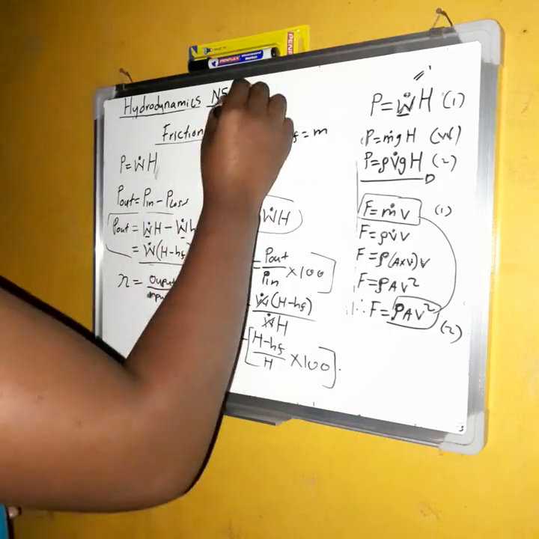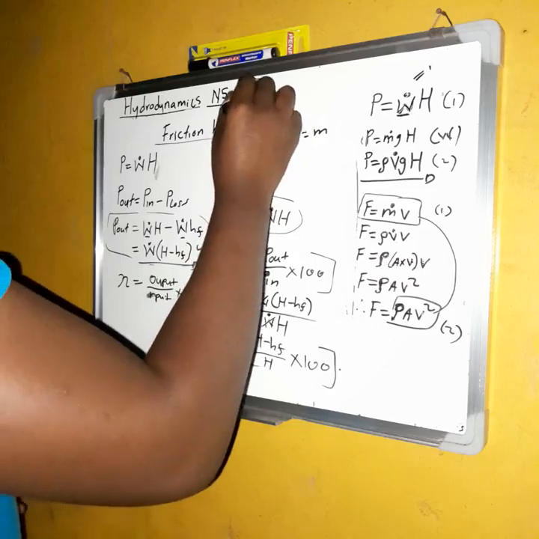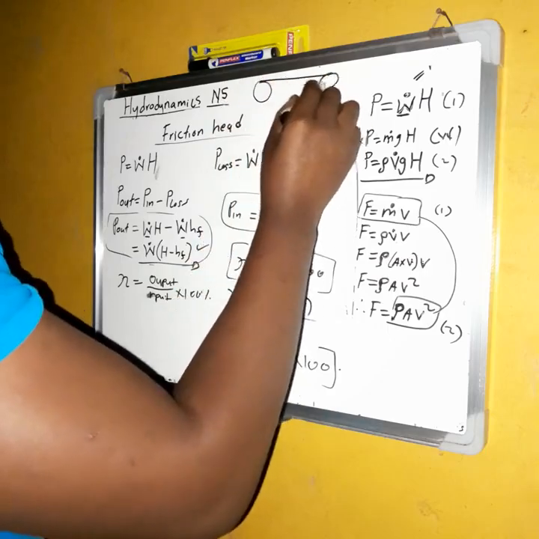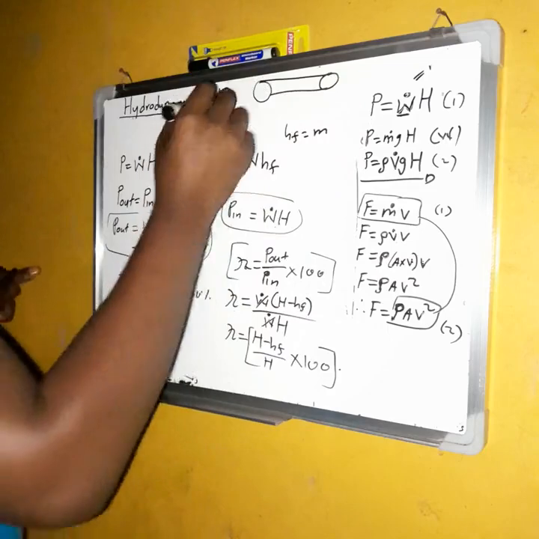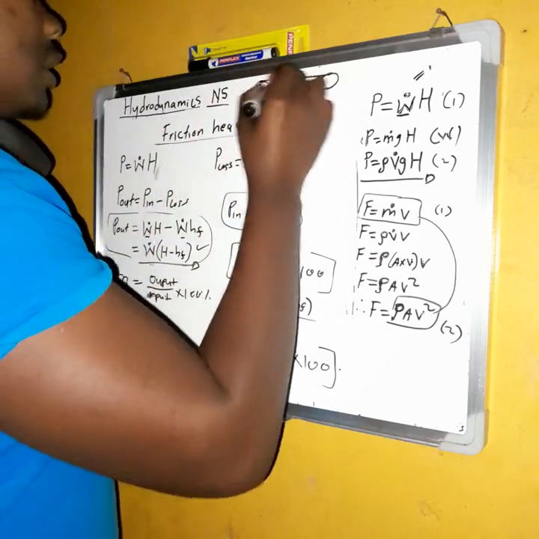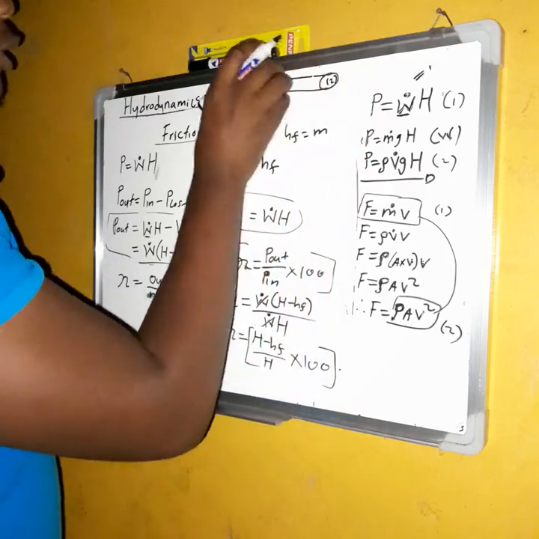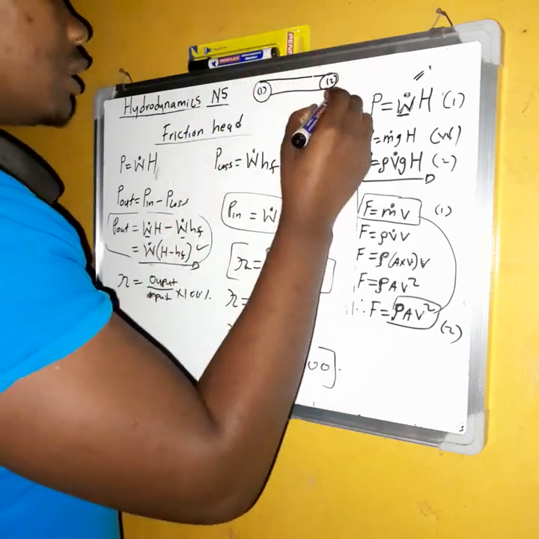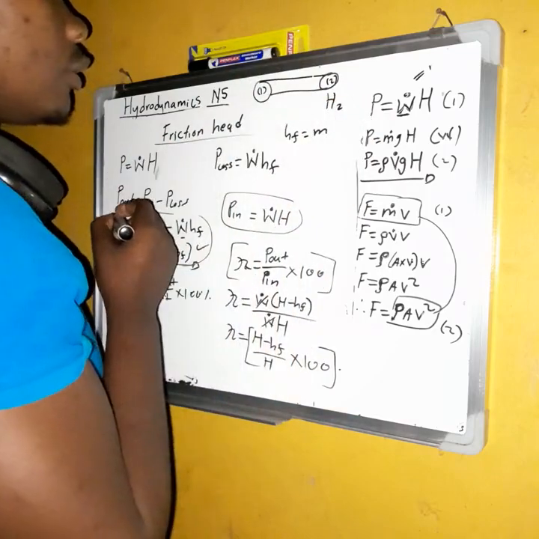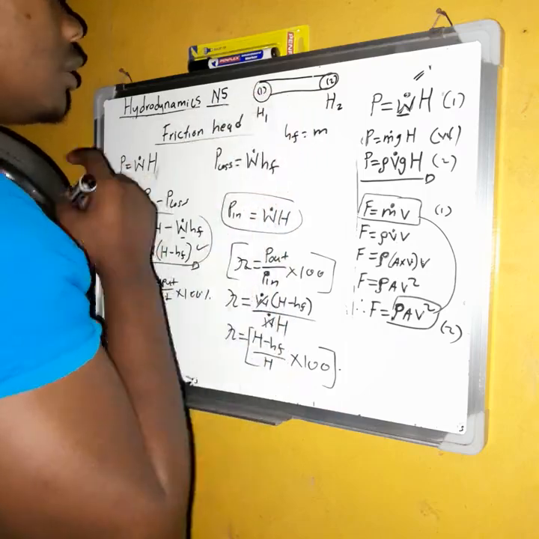Okay, let me say we are given a pipe like this, with point 1 and point 2. You can find power at point 2 or point 1, but this will be H2 and this will be H1.